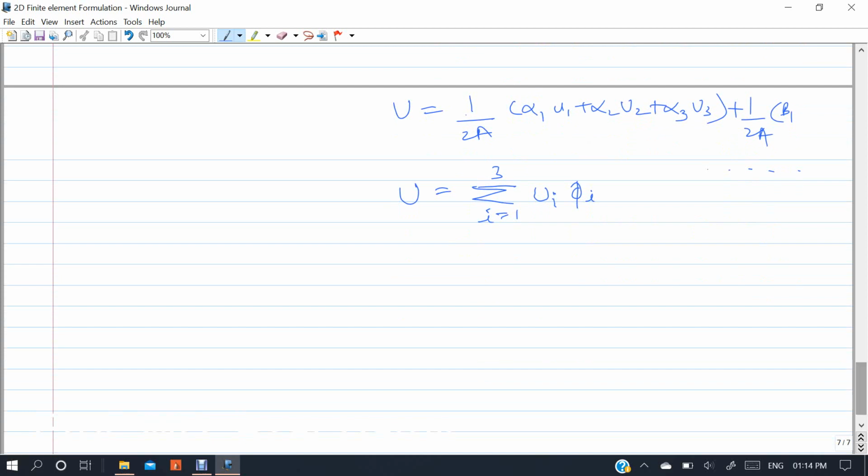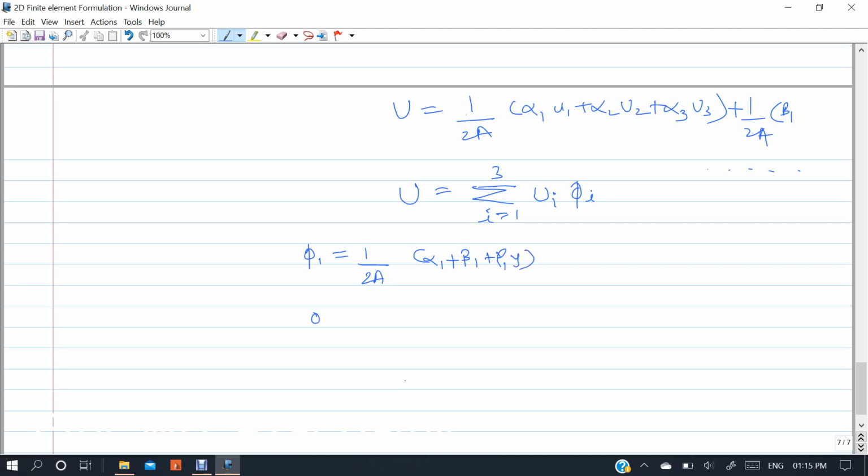So the shape functions for this triangular element will be: phi 1 equals 1 upon 2A, alpha 1 plus beta 1 x plus gamma 1 y.